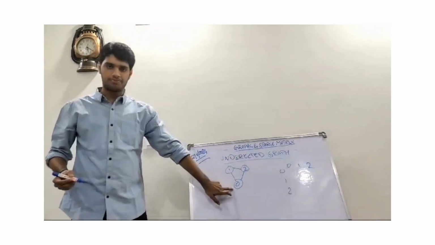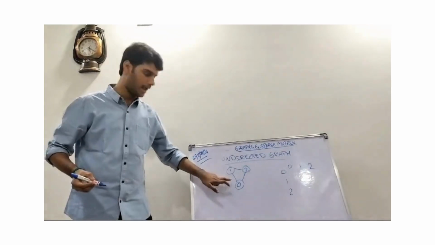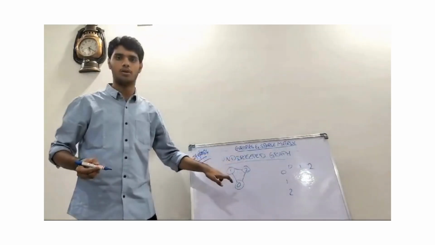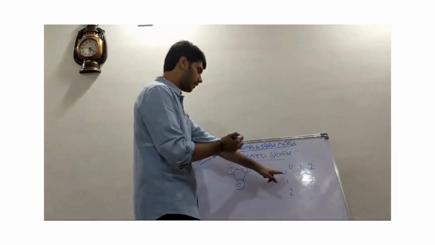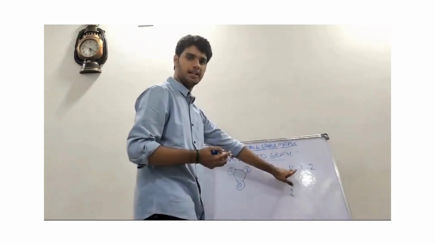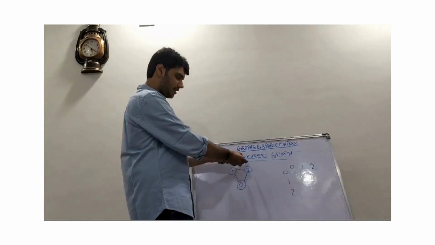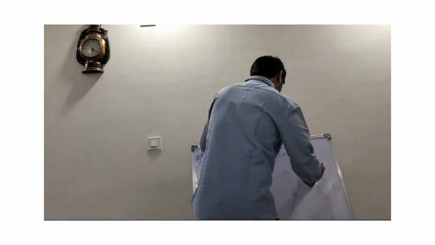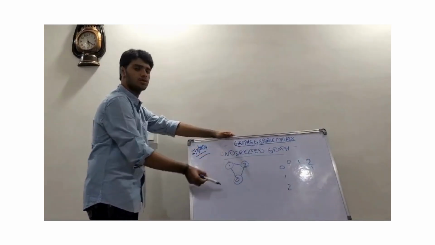Here 0 has an edge with node 1 and also has an edge with node 2. But 0 does not have an edge with itself, so we will leave the space empty. But for nodes 1 and 2, which 0 has an edge with, we write 1 and 1.